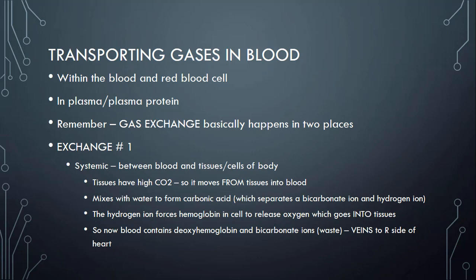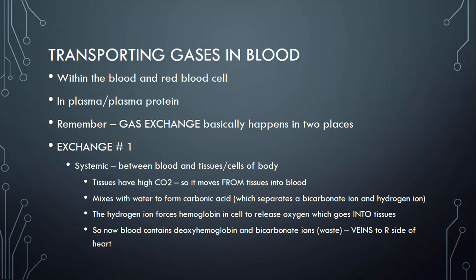In the blood plasma, it mixes with water to form carbonic acid, and that separates into two ions. The hydrogen ion forces the hemoglobin in the cell to release oxygen, which goes into the tissue. So it's an exchange. The hemoglobin says, well, I'll take your hydrogen ions and I'll give you oxygen.